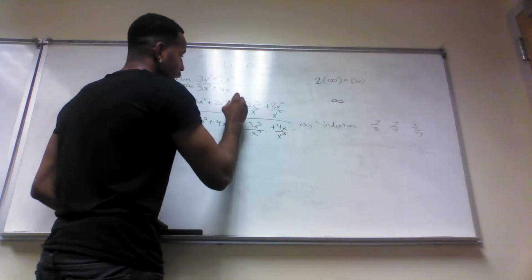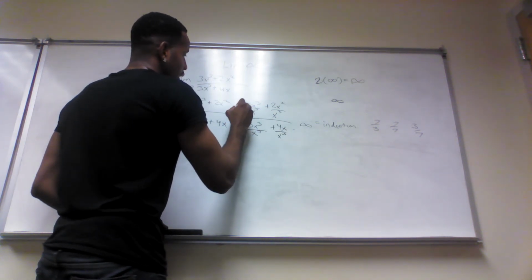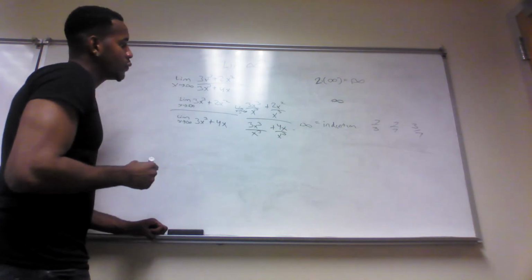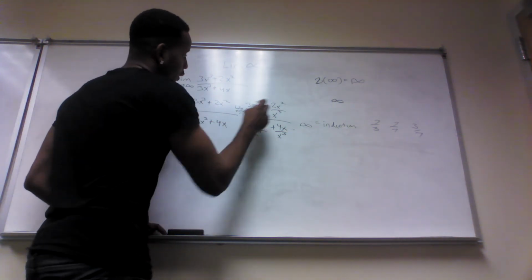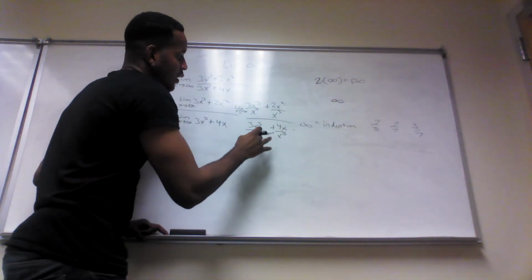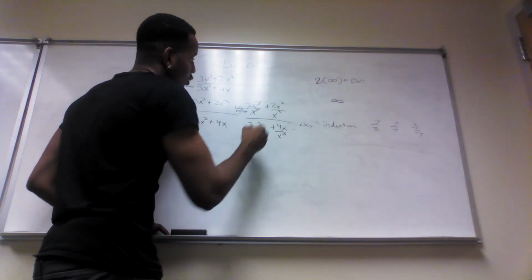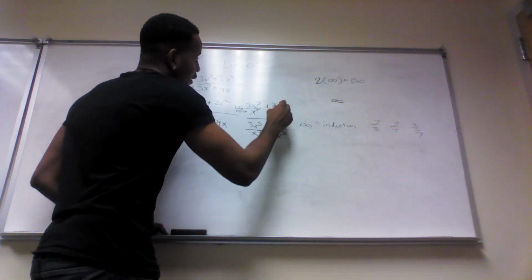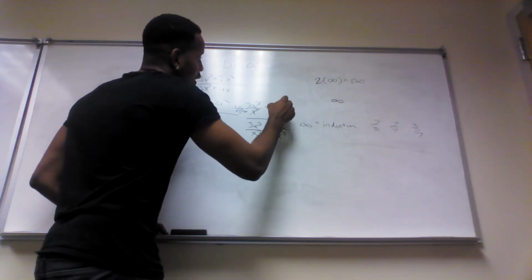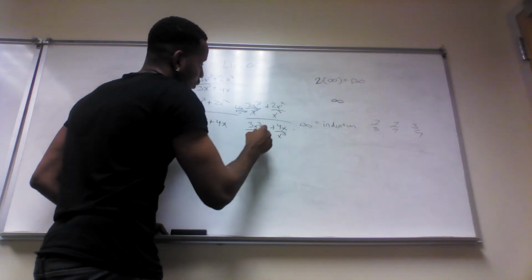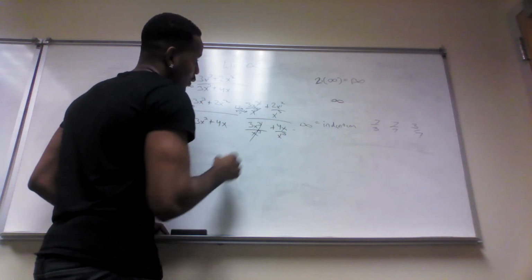And remember, we still have the limit as x approaches infinity. If we look at this further, we could cancel out the x's for the first one, and for this one, the x will go to the bottom and cancel out for the second one.